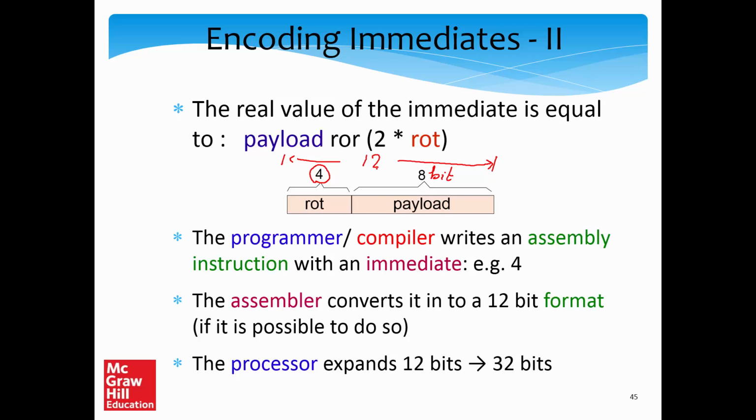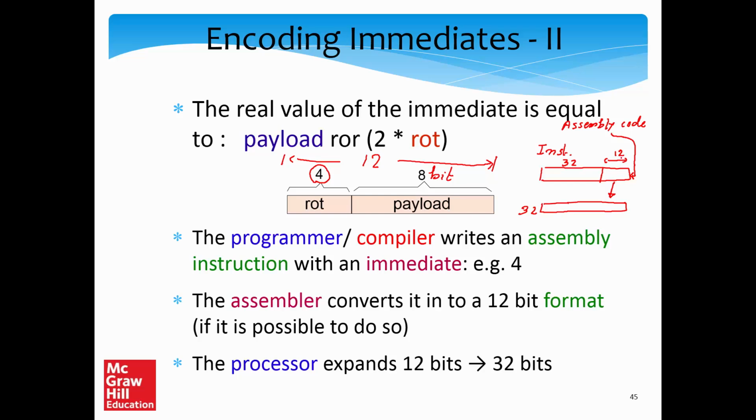The way that the immediate is calculated is like this. Consider an ARM instruction which is encoded in a bit field of 32 bits. In the ARM instruction, the least significant 12 bits are encoding an immediate. What the processor will essentially do is expand these 12 bits to a 32-bit quantity. Actually, even before that, when I specify an immediate in assembly code, the assembler would try to encode it into this 12-bit form, if it is possible.